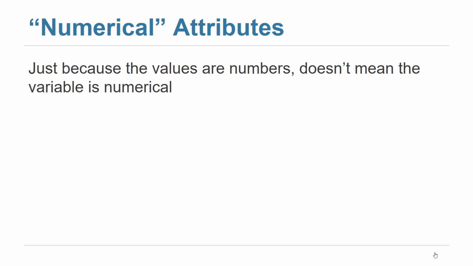Just because the values are numeric doesn't mean that the variable is numerical. Sometimes it is a categorical attribute, but we give them numbers. So don't be fooled by the fact that the values are numeric. They are numeric for another reason. We'll actually discuss an example of that today, inshallah.